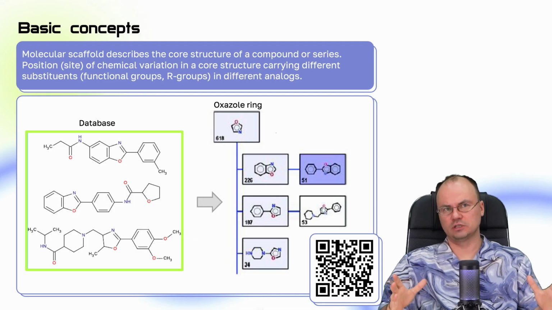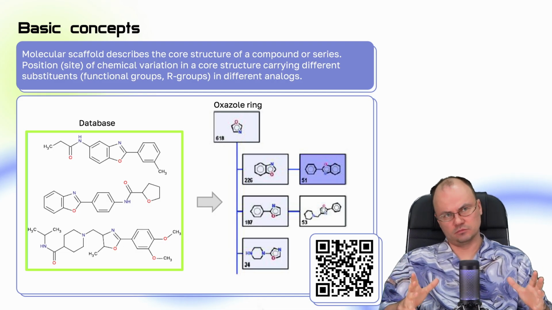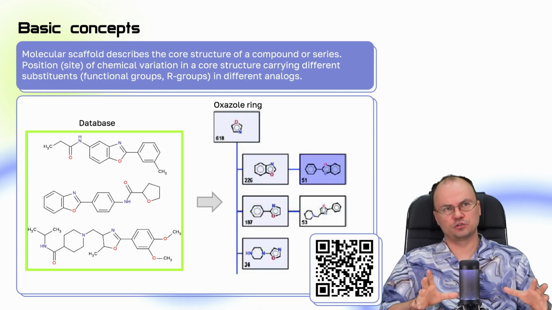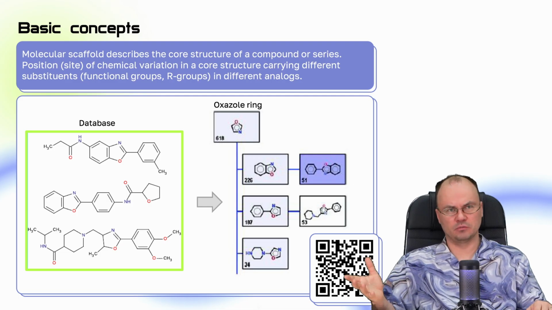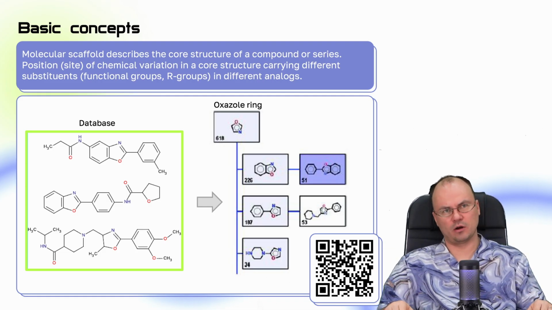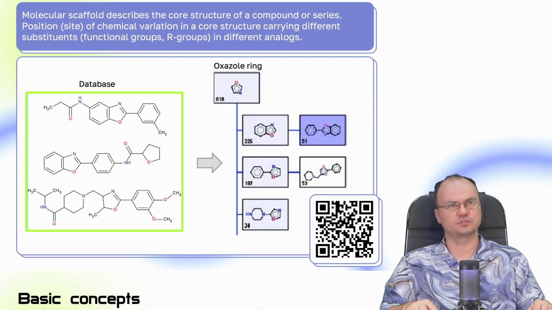So if we know that some group of chemical substances has this unique scaffold, then we can use it to add other groups, like methyl groups, propyl groups, hydroxyl groups, etc., to improve the interaction of these molecules with biological entities such as proteins.